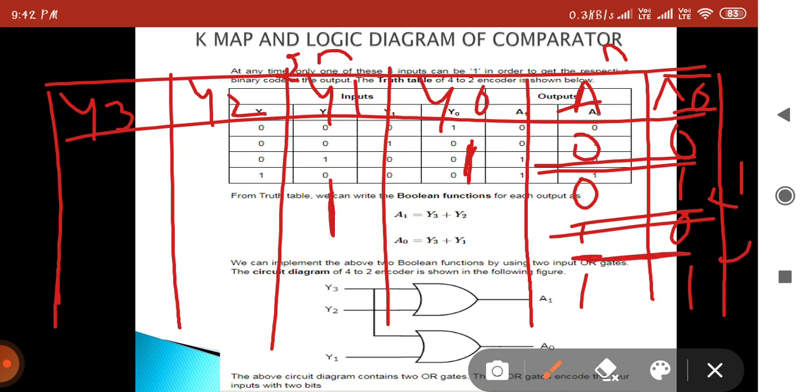Next 2 raised to 2, I am considering this y2 is high. This fourth one is 2 raised to 3, so y3 is high. Other remaining are 0.